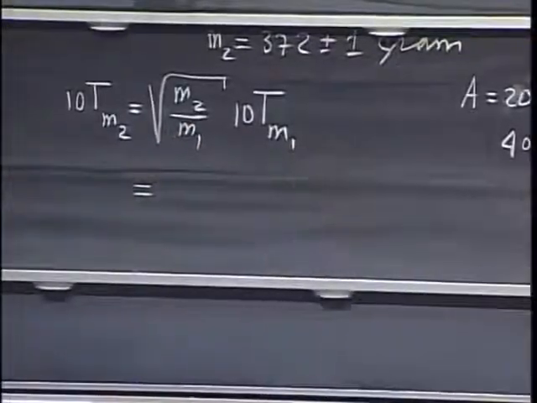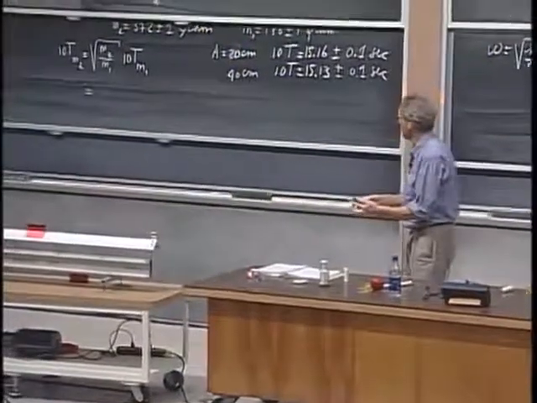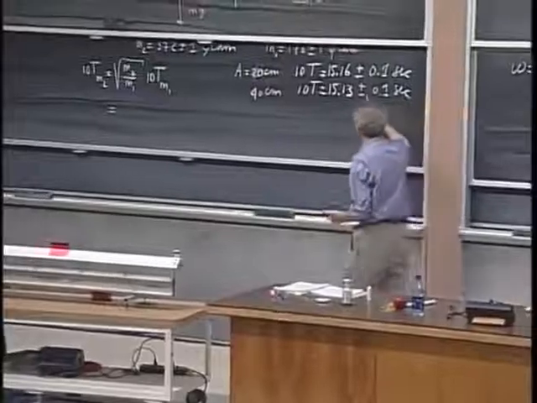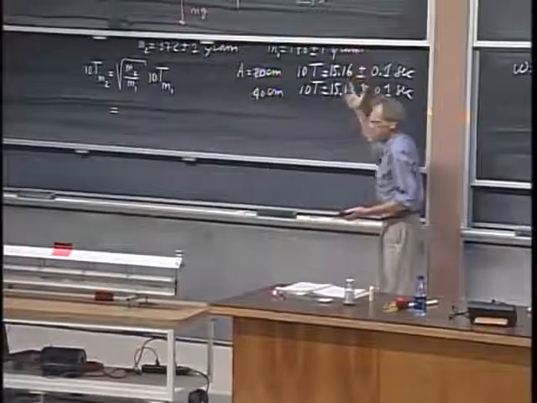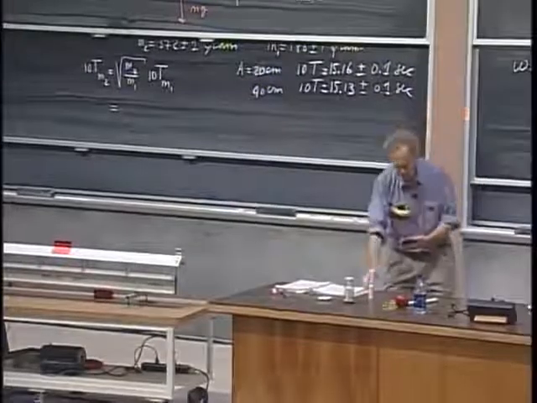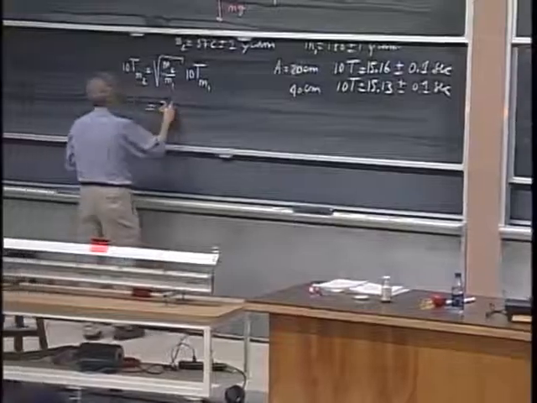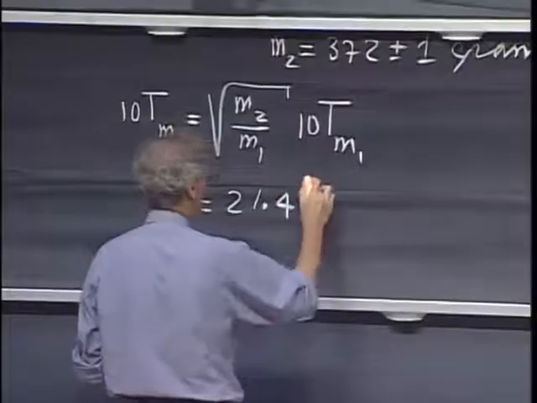So I will take my calculator, and I will take the square root of 2, and I multiply that by, let's take 15.15. And so that comes out to be 21.42. It's not clear that this 2 is meaningful.